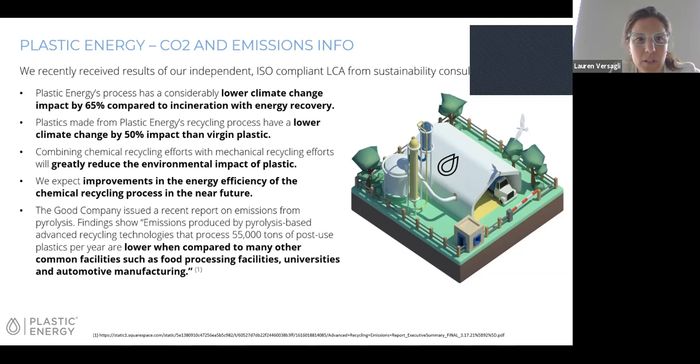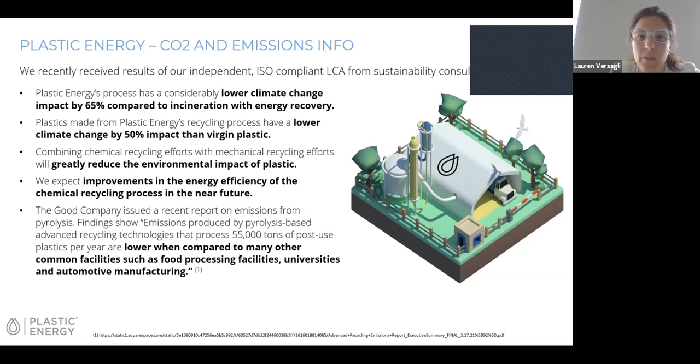The last point on this slide I want to touch on, I think probably many of you are familiar with it, but the Good Company, maybe a couple months back, issued a report looking at emissions from pyrolysis facilities. They looked at facilities processing 55,000 tons of end-of-life plastic each year.